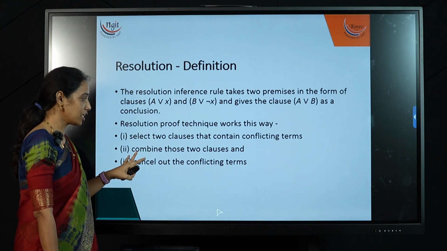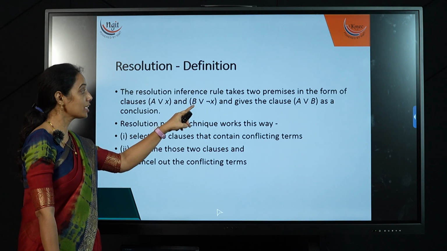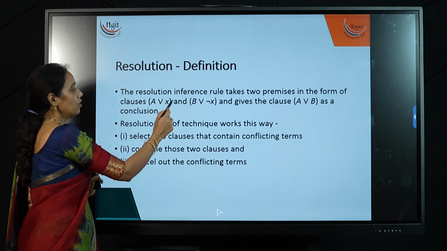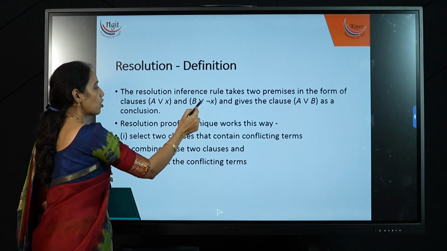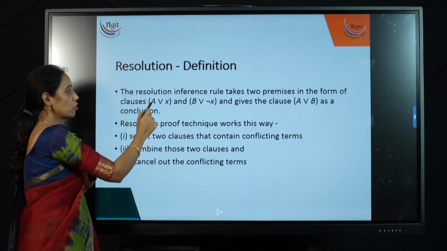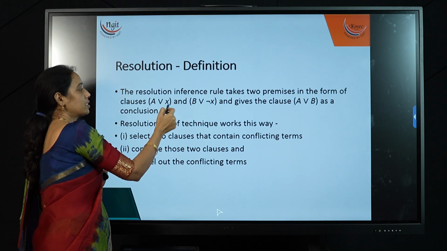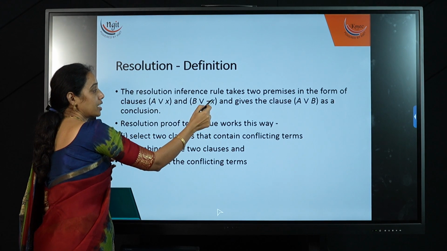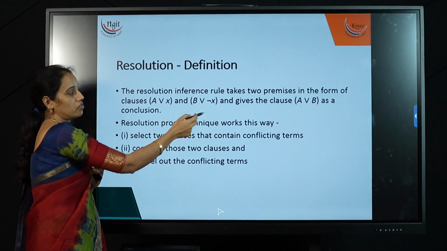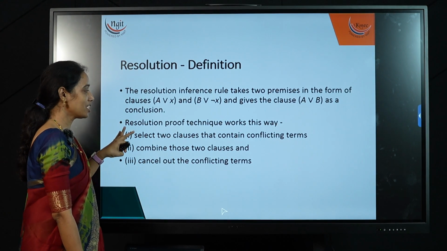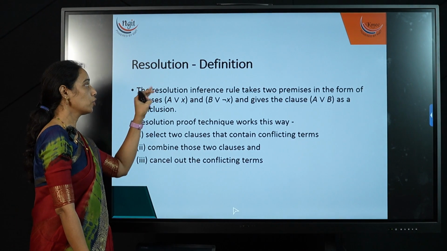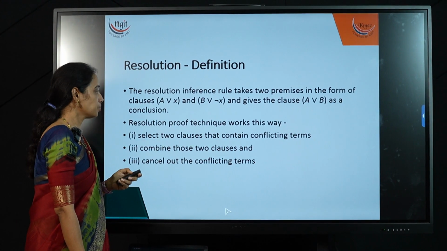So here we are taking these two clauses, and when there is a conflicting term, we combine them. When we combine A ∨ X and B ∨ ¬X, the X and ¬X get cancelled. That's why we get A ∨ B as the conclusion. This is the procedure to be followed to make use of resolution.